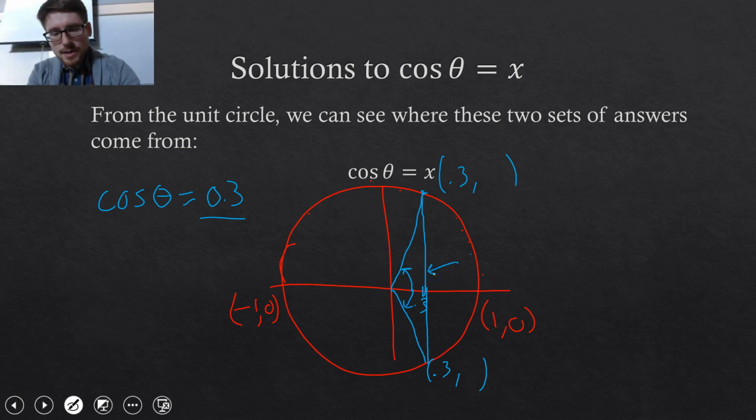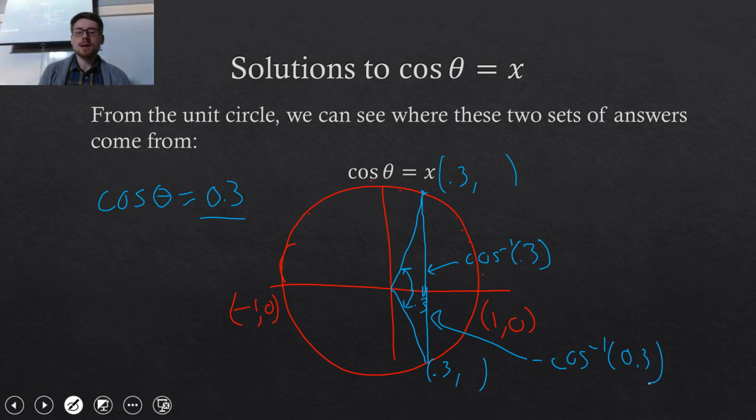This angle is cosine inverse 0.3. And then the one down here is negative cosine inverse 0.3. Okay? And so either of those two angles will satisfy this equation. Cosine inverse 0.3 satisfies it. Negative cosine inverse 0.3 satisfies it. And we could keep going around the circle and find coterminal angles to these two. So if we want to actually get approximations for these, we need to get out a calculator.